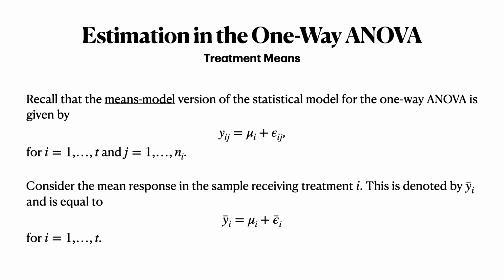Now consider the mean response in the sample receiving treatment i. This is denoted by y bar sub i and is equal to mu sub i plus epsilon bar sub i for i going from 1 up to t.